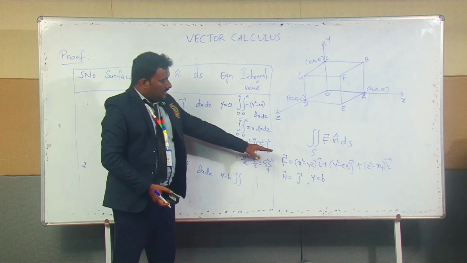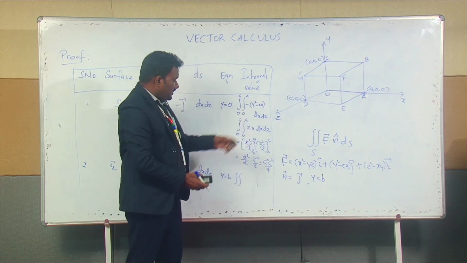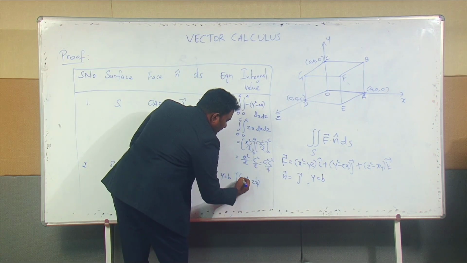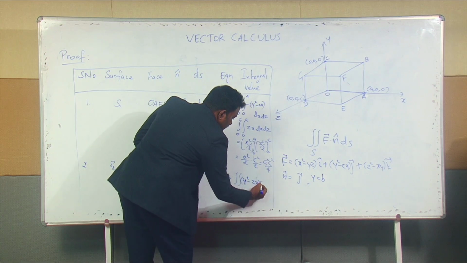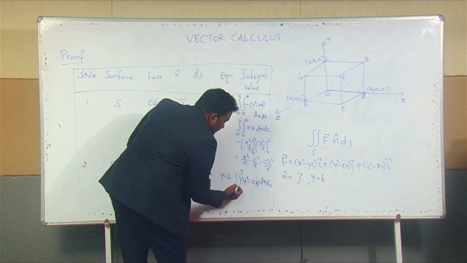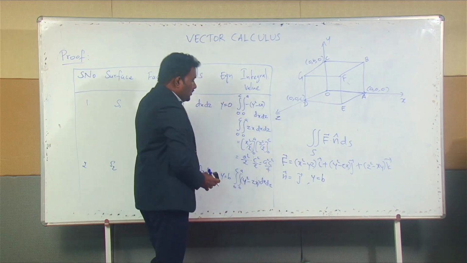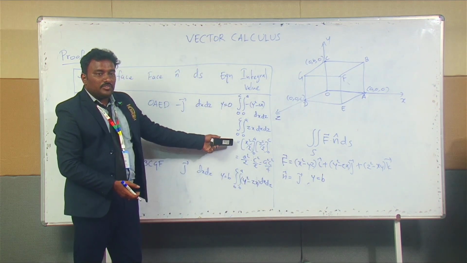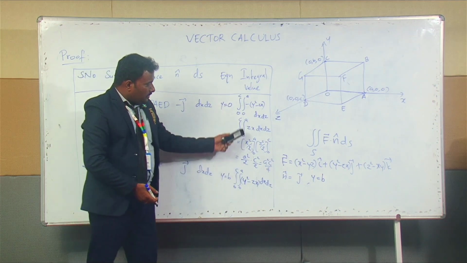Now, we are multiplying them and we will be taking this y square minus zx, and then dx dz from 0 to a and then 0 to c. Now when you start integrating, we have to apply the value y equal to b here.